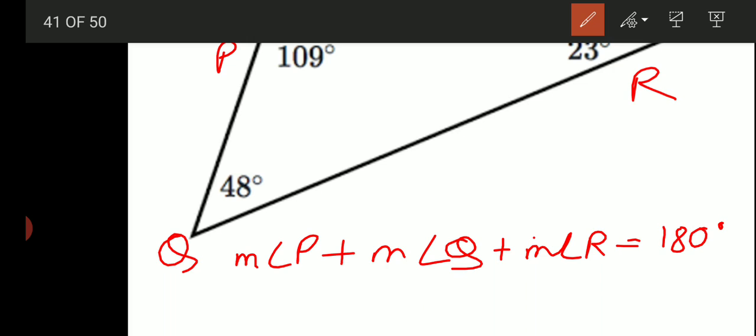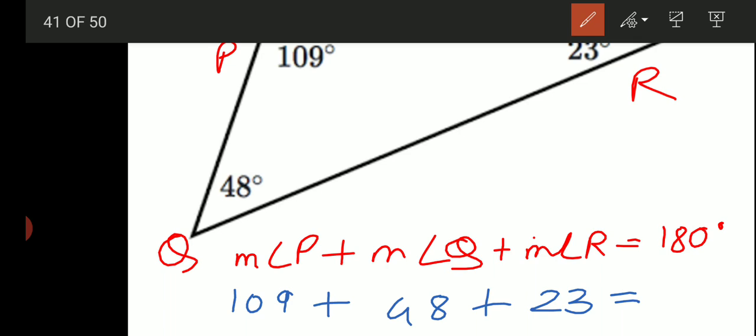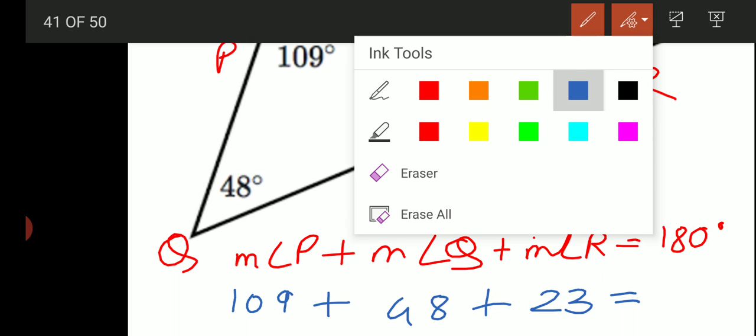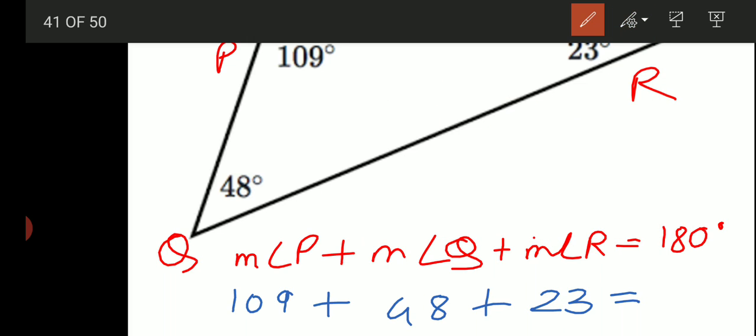Now let's simplify the values. Measure of angle P given to you is 109, plus measure of angle Q given to you is 48, and measure of angle R is given to you as 23. Now when you add up all these three values, we conclude that they come up to the final number 180 degree.